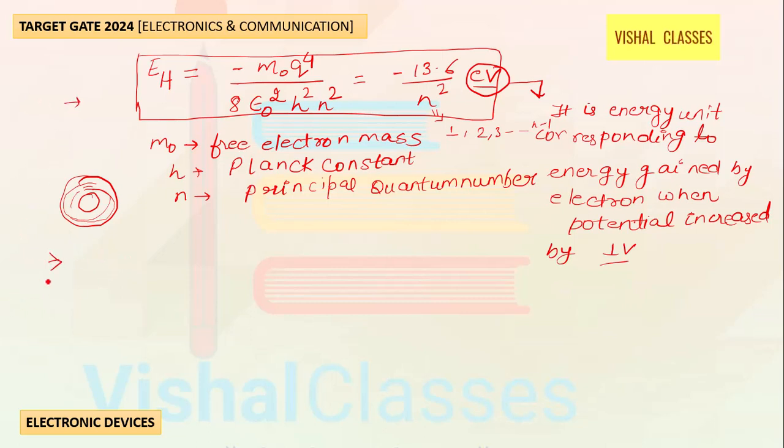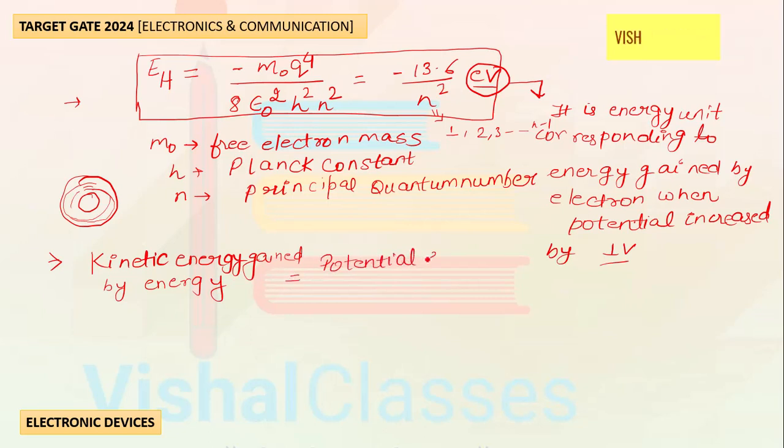Please write one more formula. Kinetic energy gained by an electron is equal to potential energy lost by an electron.